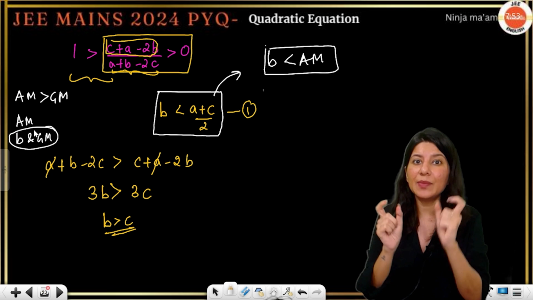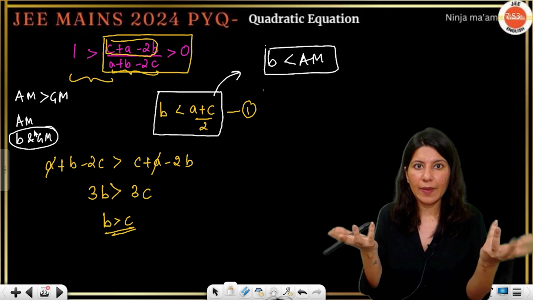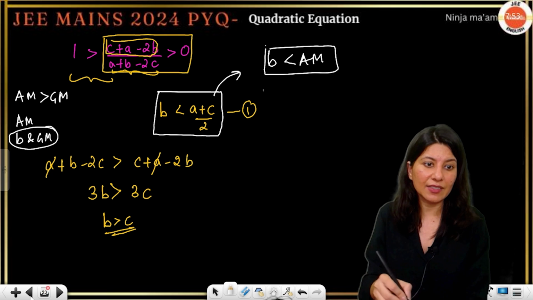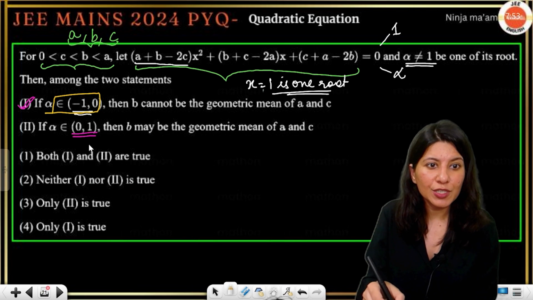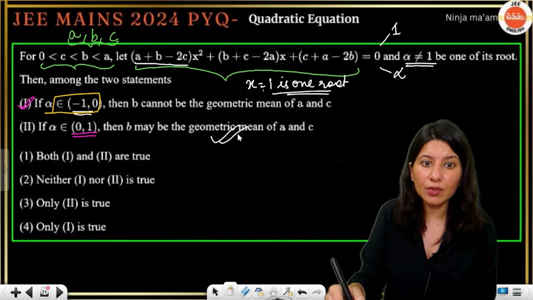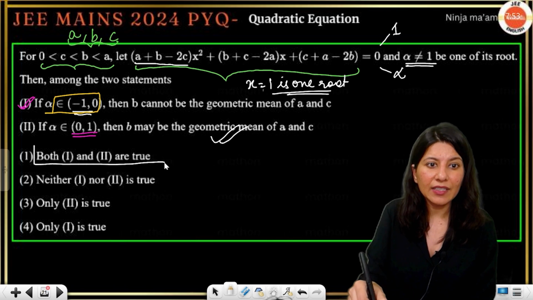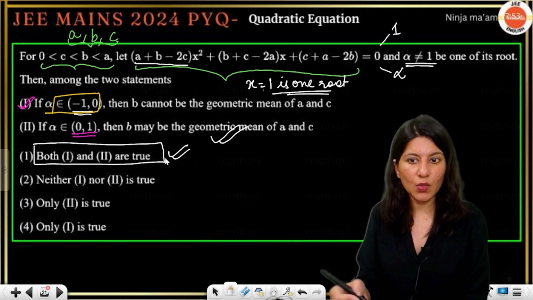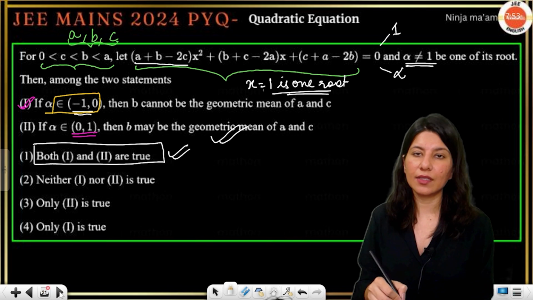We are not sure, but there is a possibility that B and the geometric mean can be equal as per the stats. Okay. So that means option 2 is also correct. Both statement number 1 and statement number 2 are absolutely true. Okay, so this is how this question is done.